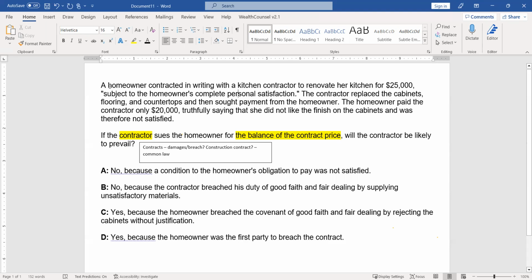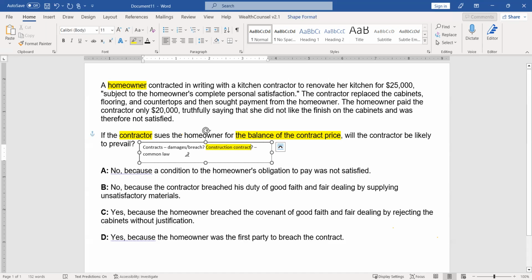But here, again, you see the homeowner, which means that that's a good hint that this is a construction contract. It confirms what you thought of before as construction contracts of common law. That gets confirmed for renovating the kitchen for $25,000.